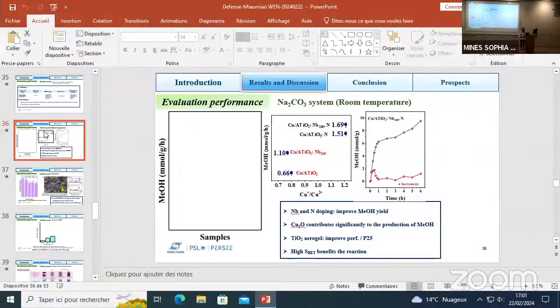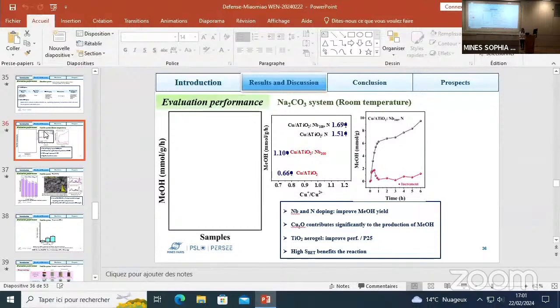And another point: do you think that working deeply on the calcination temperature could permit rutile and anatase to coexist?